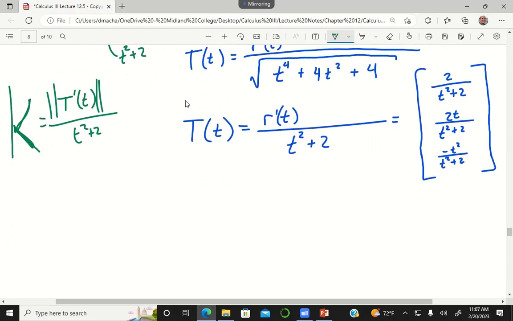Now I just have to find T prime of t and then take the norm of T prime of t. So T prime of t just means I take the derivative of every element here. And so this is going to require us to use the quotient rule 3 different times on 3 different quotients.